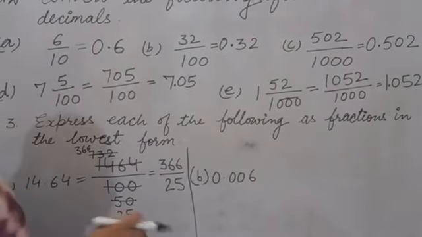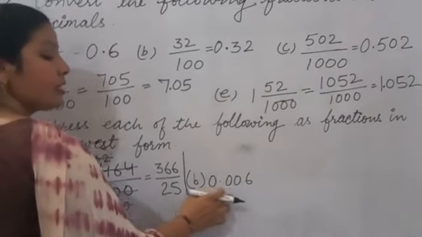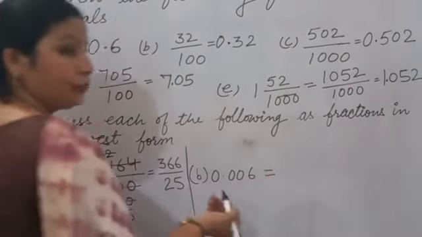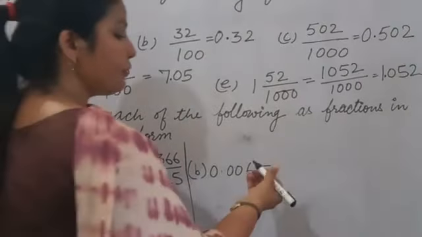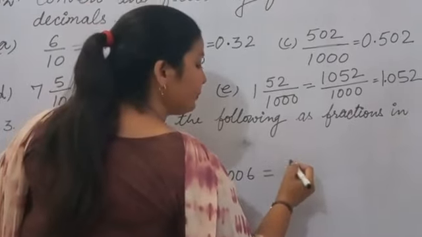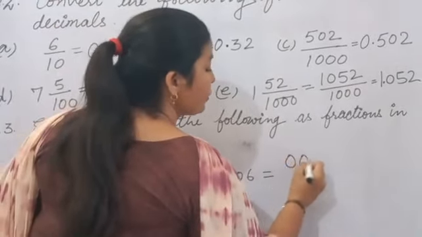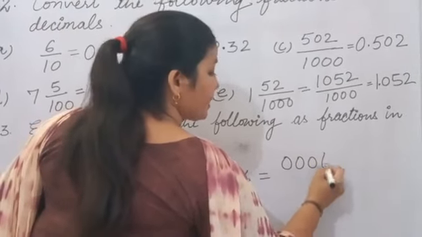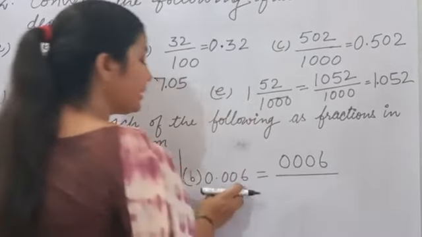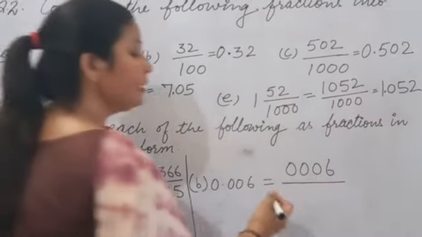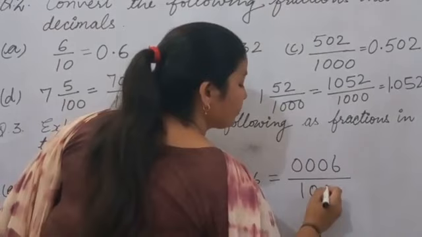Okay. Now it's B part. There is 0.006. So first of all we write it into the fraction form. So in fraction form, in numerator we will write 0006 upon, now there is 3 decimal places, so removing 3 decimal places we will write upon 1000.